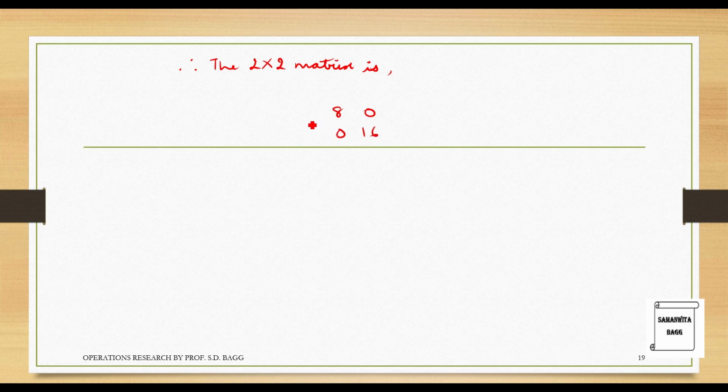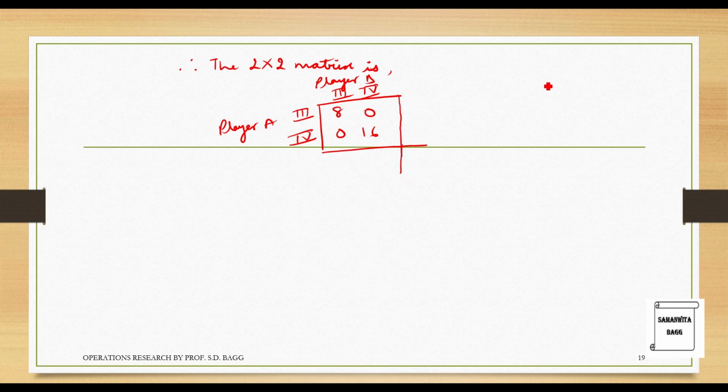Also, I'll write down the numbers. This is the third and this is the fourth one for player A. And for player B, this is also 3 and 4. So I will start solving using the odds principle. So I'll write down by odds method.